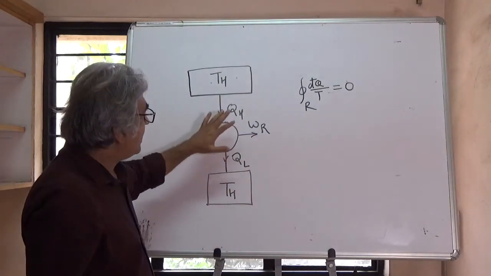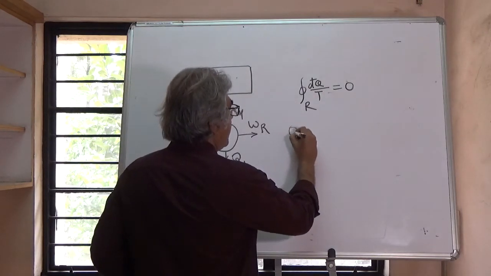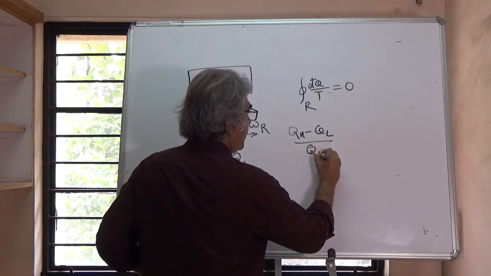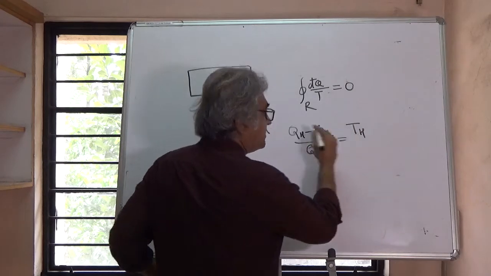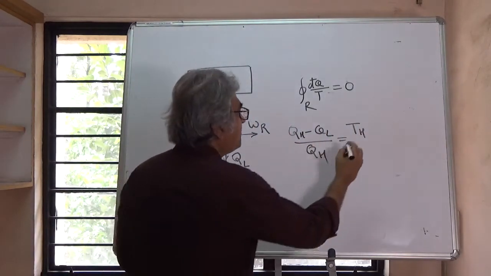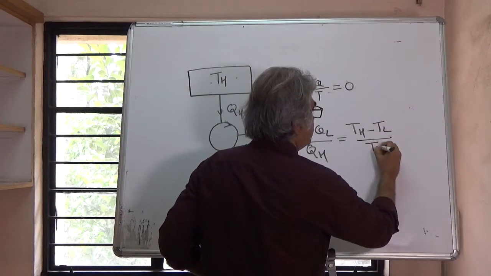Now let's say you know that the efficiency of this is given by QH minus QL upon QH, right? And because this is a reversible cycle, this is also equal to TH minus TL upon TH, right?